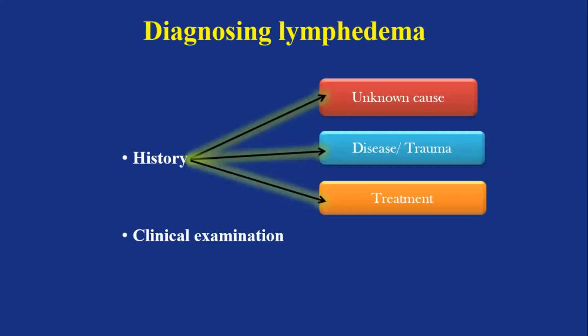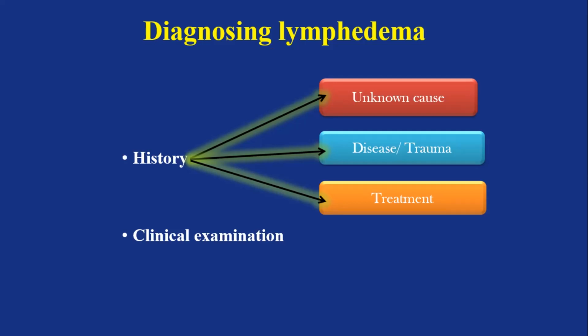Now let's come to the diagnostic part. How do we diagnose? Whenever patients come to you with edema, you have to take a detailed history. What should you ask the patient? First, is there any unknown cause? Second, is it disease related or trauma related?